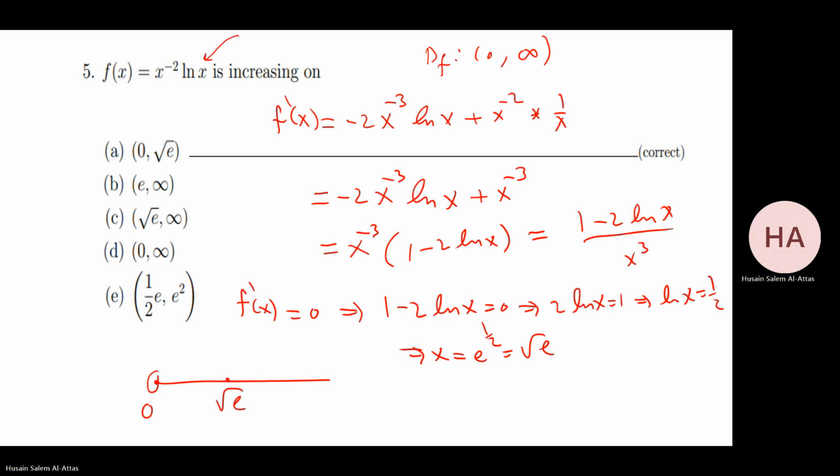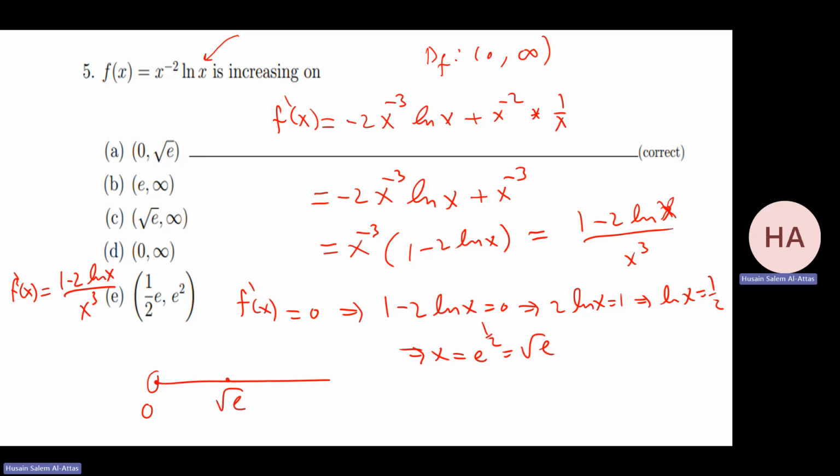Now, between 0 and square root of e, I want to take a value to check f prime. What is f prime? So let me write f prime somewhere here. f prime is 1 minus 2 ln x over x cubed. What is the value between 0 and square root of e?